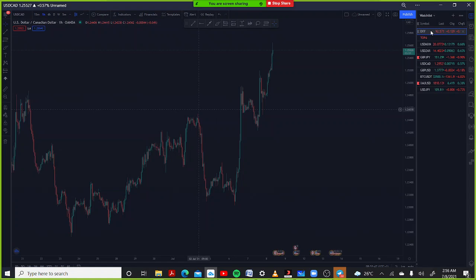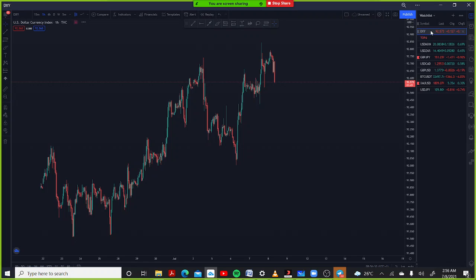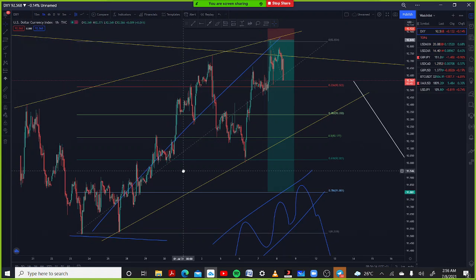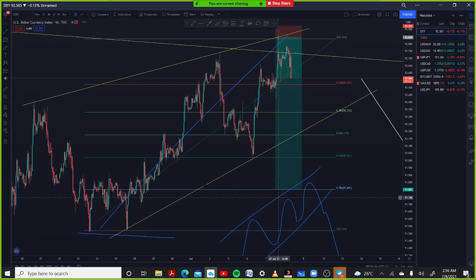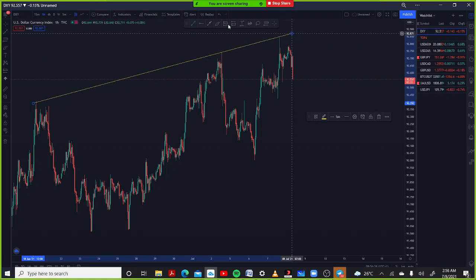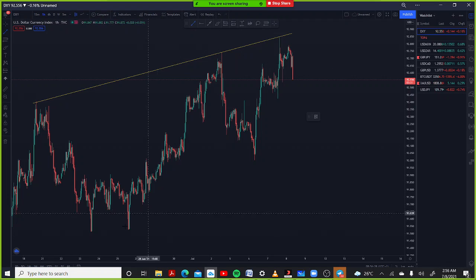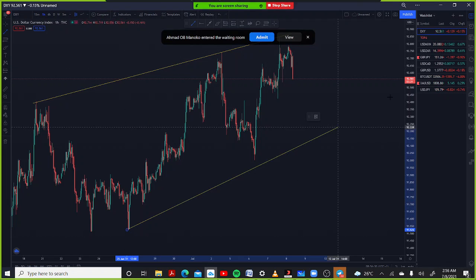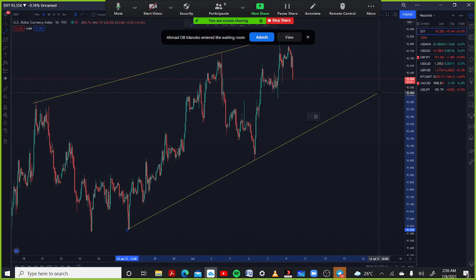So now that we have the direction for the dollar index, I'm just going to erase all these and we'll focus on this structure here to outline.